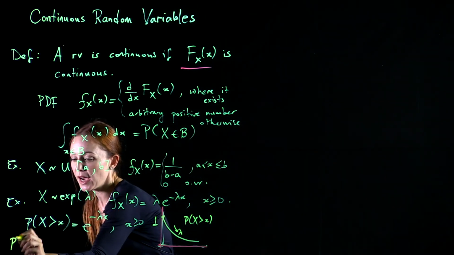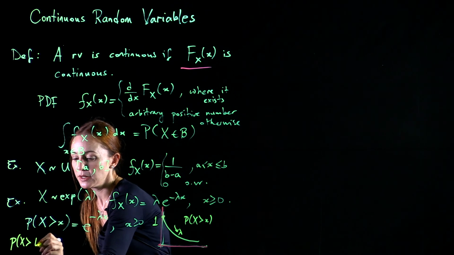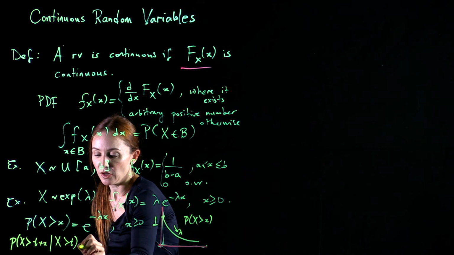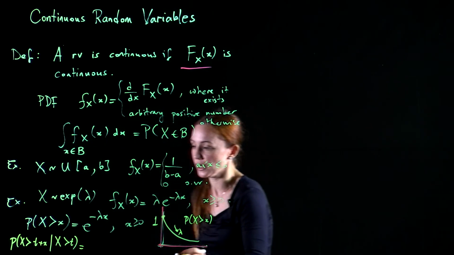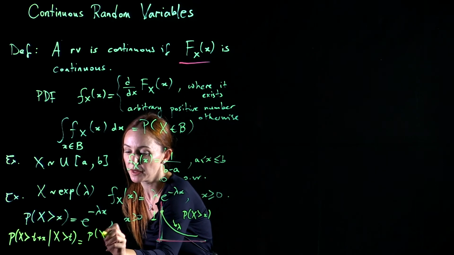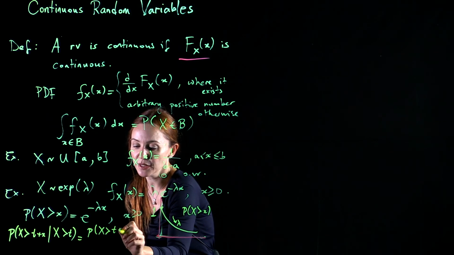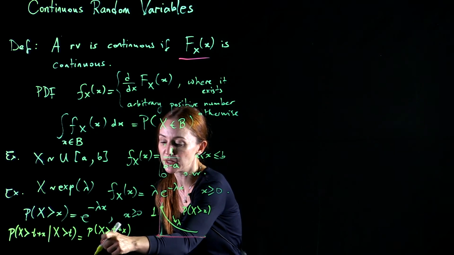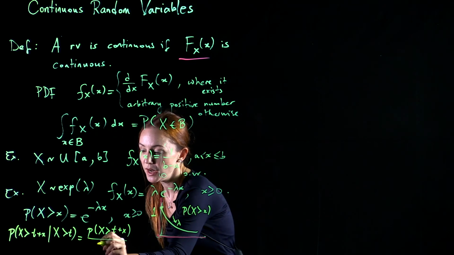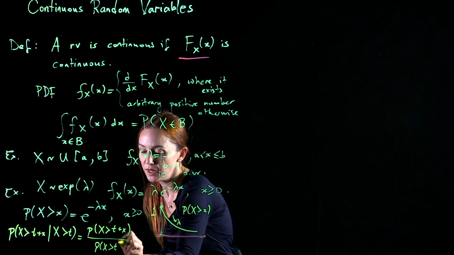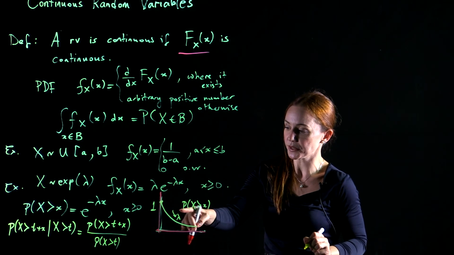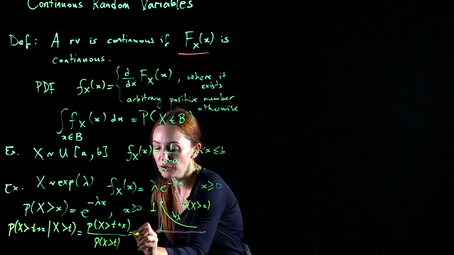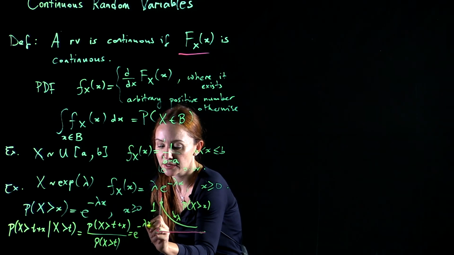The probability that x exceeds a value t plus x, given that x is already larger than t, is simple to compute. It is the probability that x is larger than t plus x and x is larger than t, which is the same as x larger than t plus x, divided by the probability that x is larger than t. When you plug in the numbers, e to the minus lambda times t plus x divided by e to the minus lambda t, you get e to the minus lambda x.